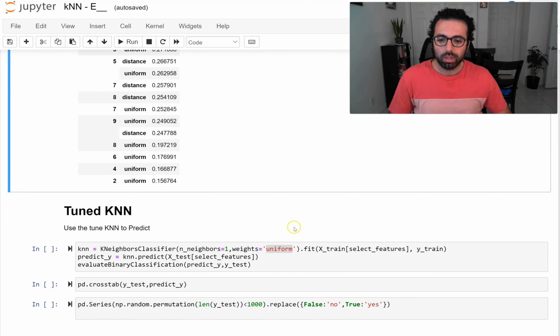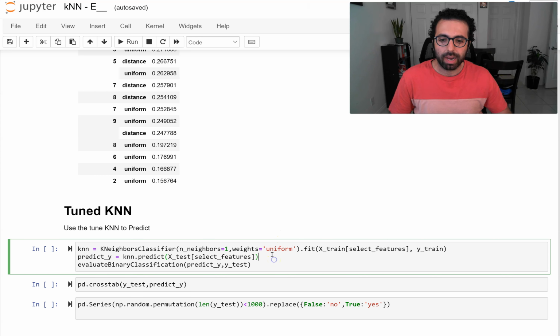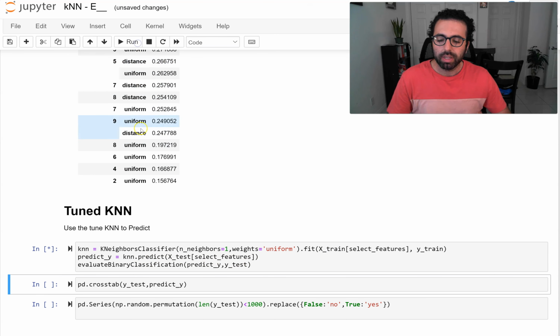But once we have that tuned model, now we want to put in our tuned parameters and use the whole X train instead of the smaller part of X train for the training, and then use that for the prediction. So once we do this, now we can predict the test set.